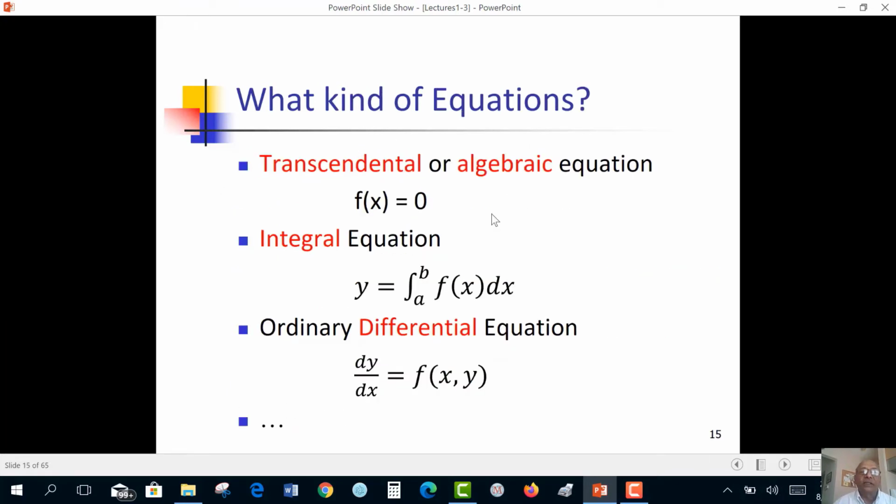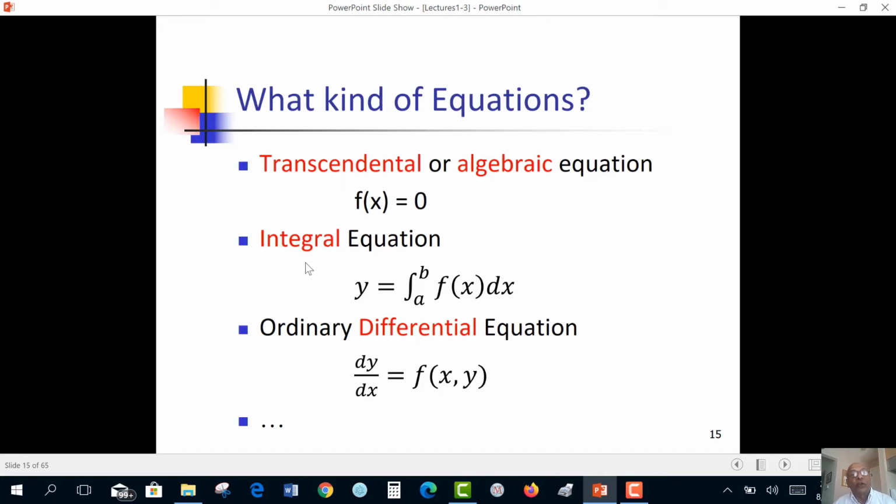What kind of equations? Well, equations could be of any kind. They can be algebraic equations, simply like x squared plus sine of x minus e to the power x is equal to 0, and we want to solve for x. So in general, we can write that equation as f of x is equal to 0, solve for x.